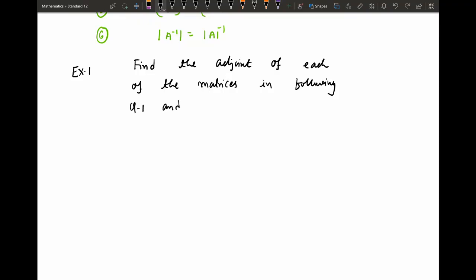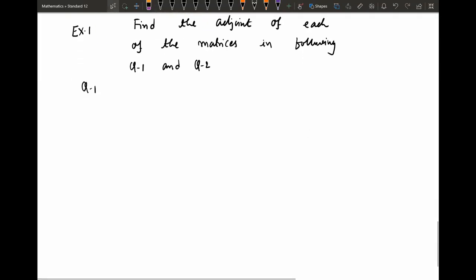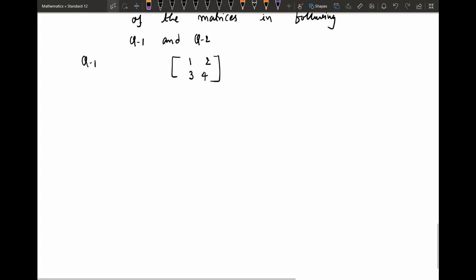Question 1 and question 2. Question 1: 1, 2, 3, 4. So we have to find the adjoint of this matrix.